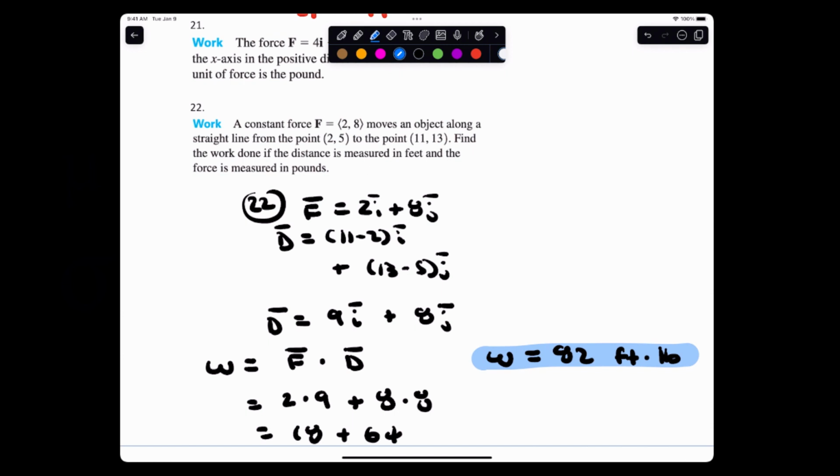Anyway, you got some homework on vectors. Got to double check.